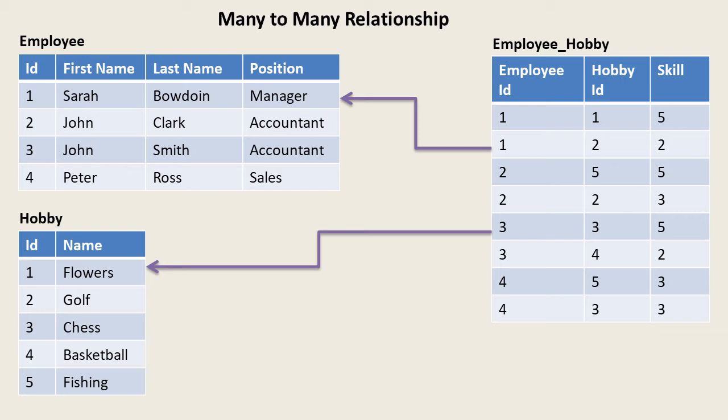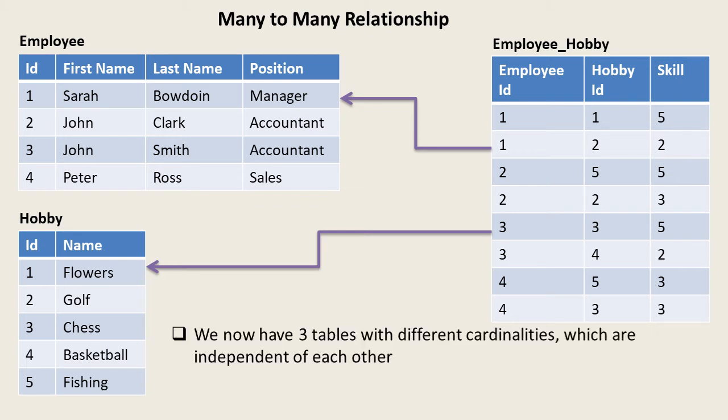For example, on a scale from 1 to 5, we can store how skilled they are in this hobby, for example, in playing golf or in playing chess. And this is an example of the fact that this link table is not necessarily a purely link table. It could be serving both purposes. It could be a link table, and also it could be storing some useful information as well, like illustrated in this example.